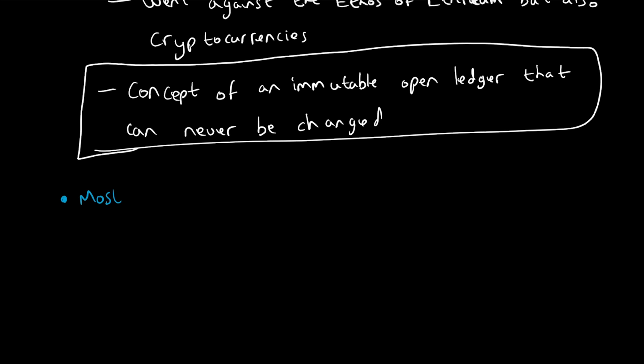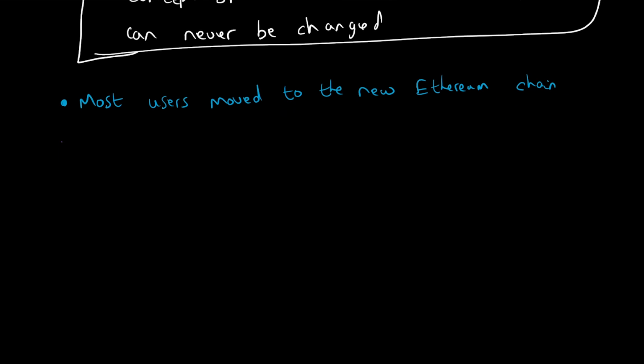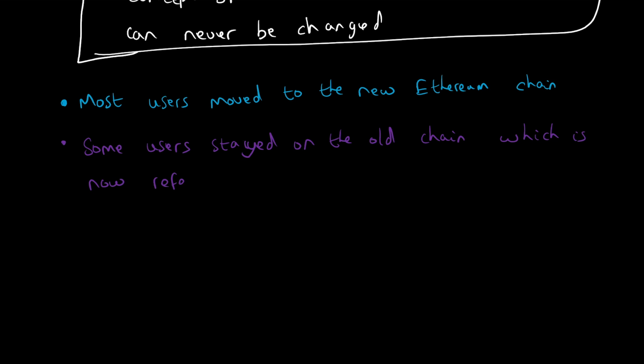Most users moved to the new Ethereum chain, whilst some users stayed on the old chain, which is now referred to as, can you guess it?